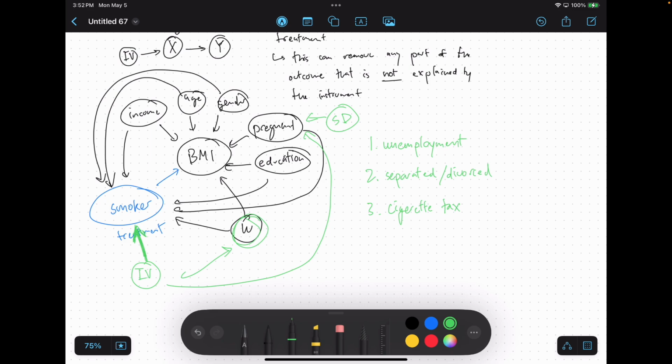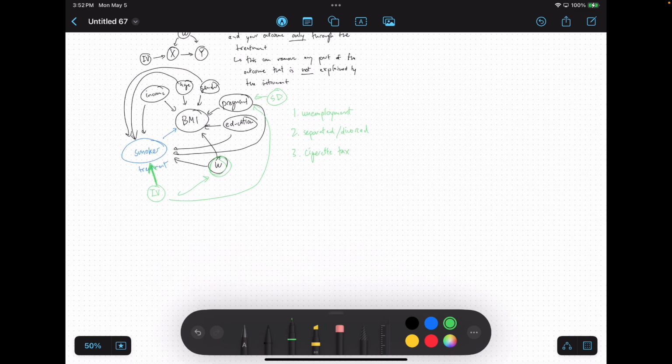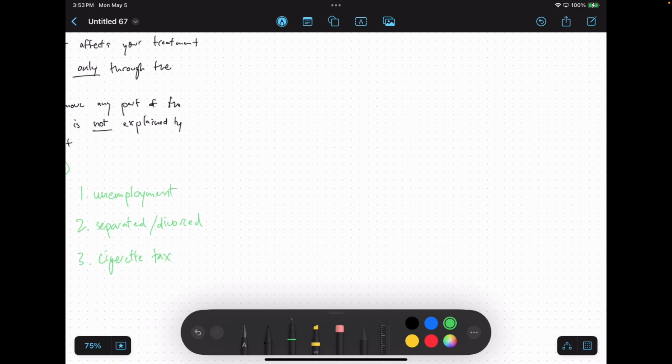And that would let me, again, isolate just that marginal effect coming from my treatment group. So the common way we do this is via something called two-stage least squares.